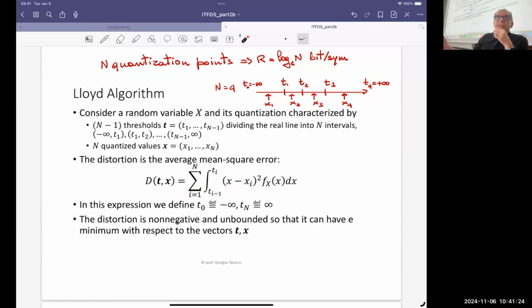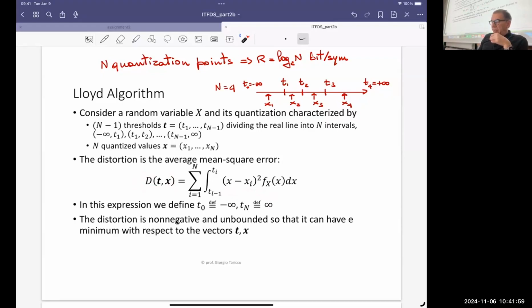Of course, these integrals are integrals of a non-negative function. In general, this is a positive function, at least somewhere. And therefore, the distortion is always greater than or equal to 0. It is non-negative, therefore. It is unbounded above.